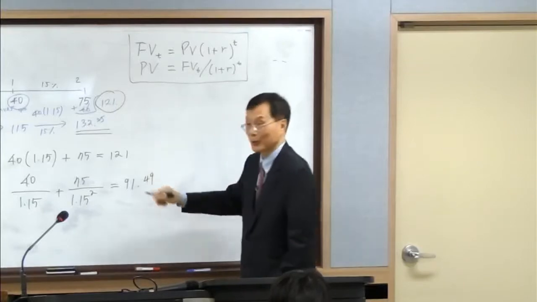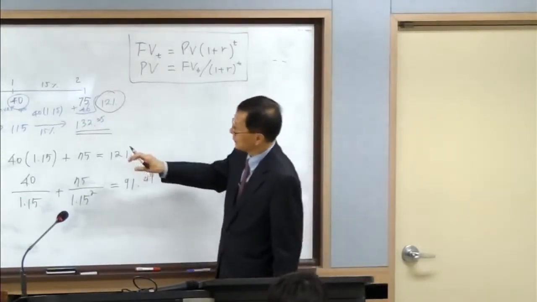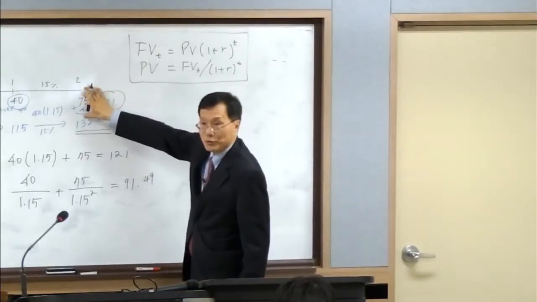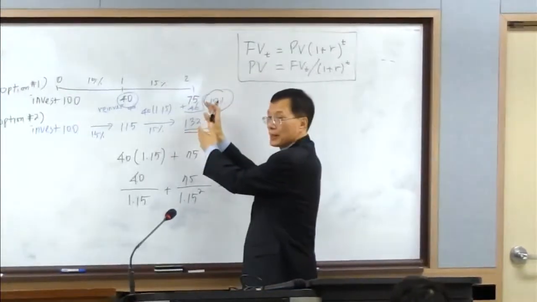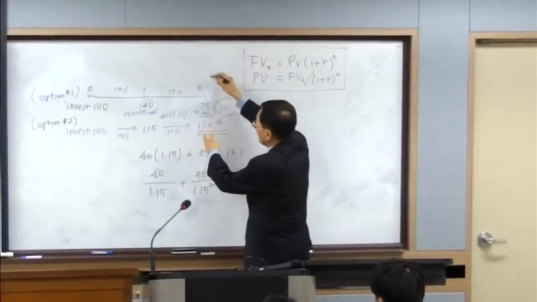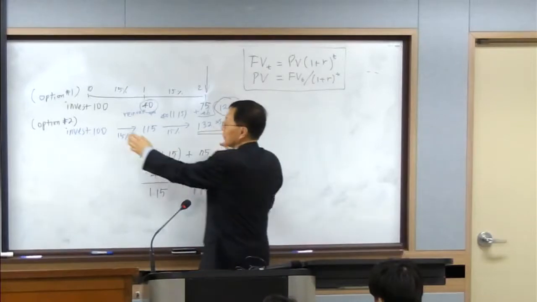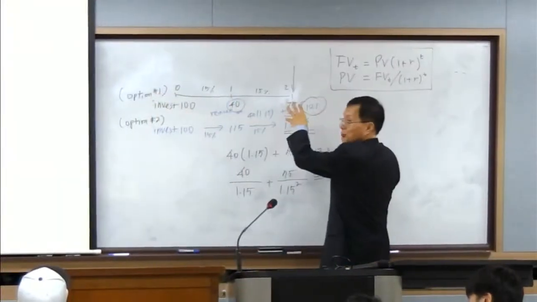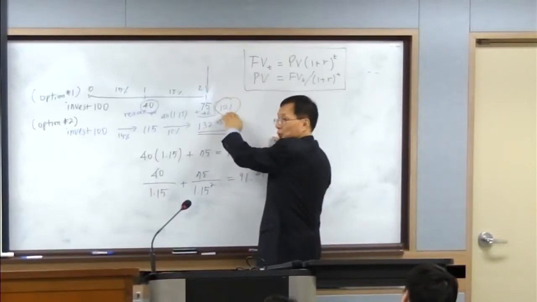Wait, we already saw that, right? This cash flow can be compared as of time 2 values. Option number 1, your stockbroker's advice, time 2 value is 121.